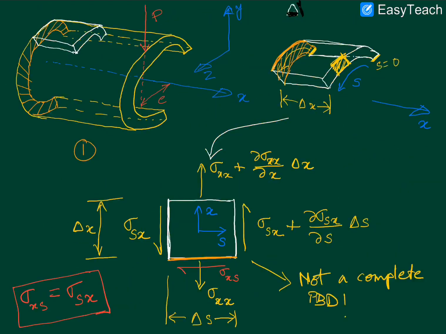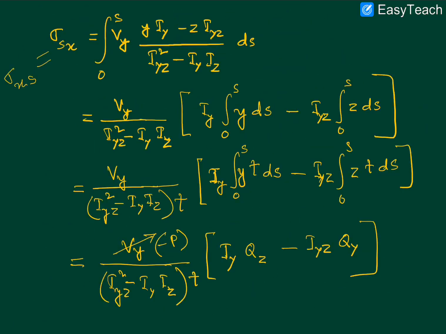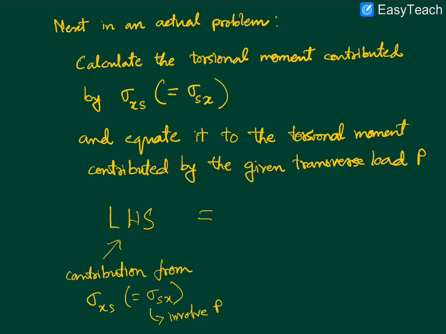So if we look back at this diagram, we can clearly see that the torsional moment which is contributed by the P about this x-axis is nothing but P times e. So this right hand side is nothing but P times e.